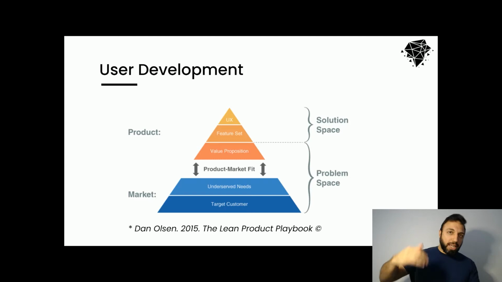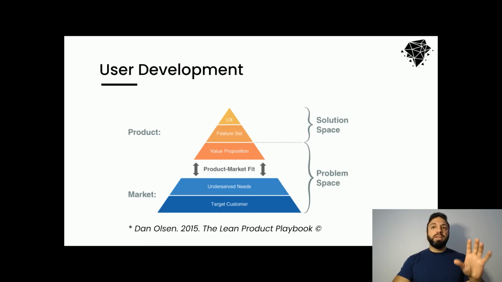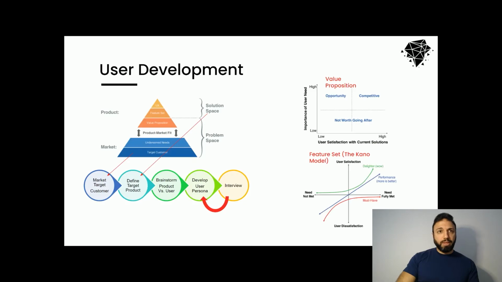And then you take that and you do your feature set, and then you design your user experience and your user interface design. Again, I'm not going to cover too much of this pyramid here, but you need to understand this product market fit idea, that you start with the target user and you understand the needs of that user, as we talked.